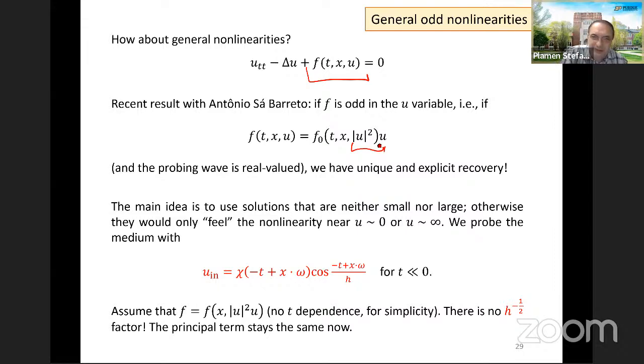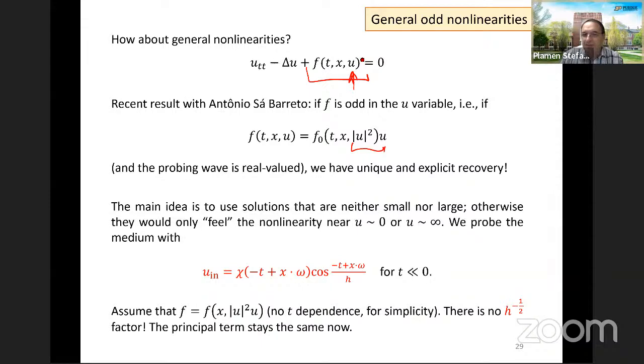And now the idea is the following. You want solutions that are not small or not large. So before we had h to the power minus 1/2. Now we don't want to have this, because if you have a large solution, the large solution will basically test this function for large u. And what happens for u equals 1, for example? Okay, it's not going to feel it so much. If the solution is very small, it's going to test the function for u equals 0.